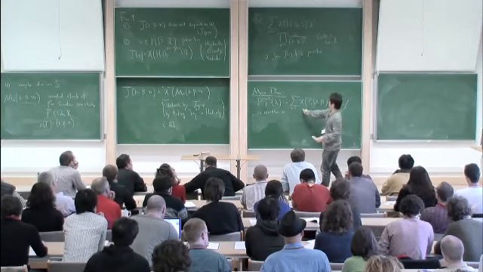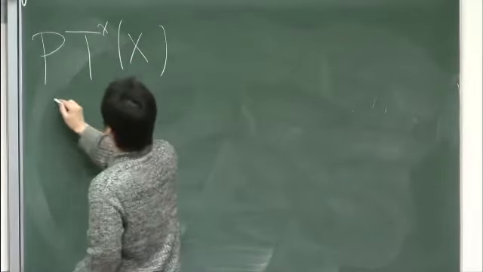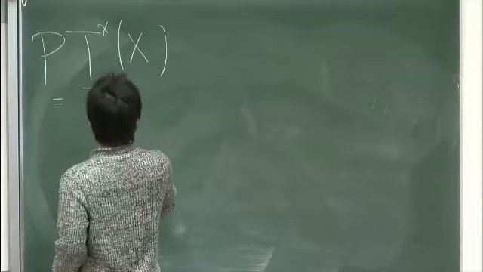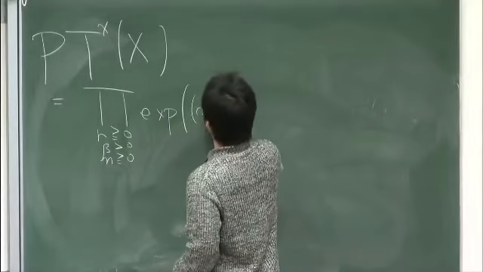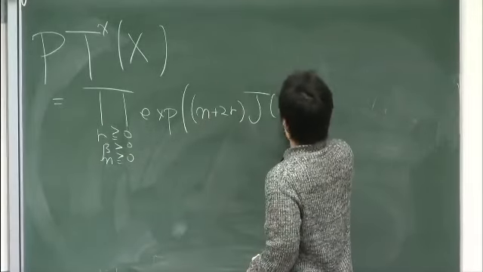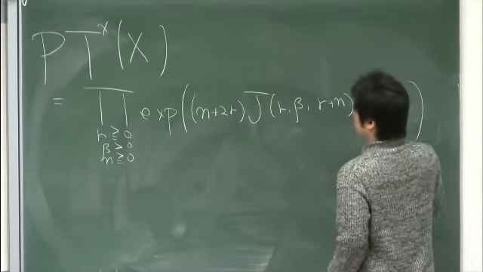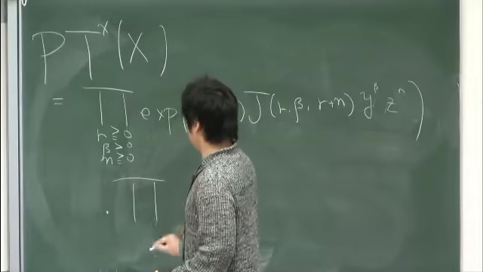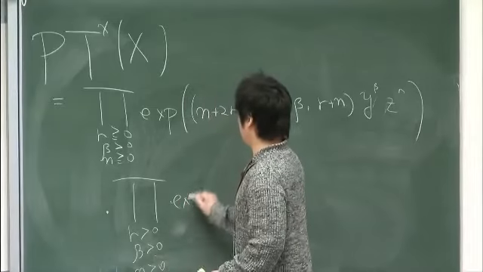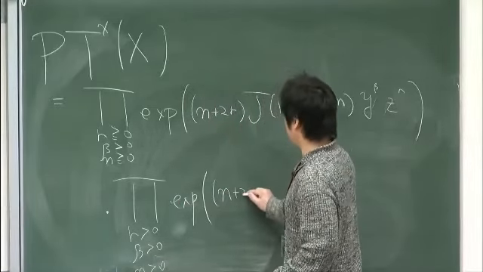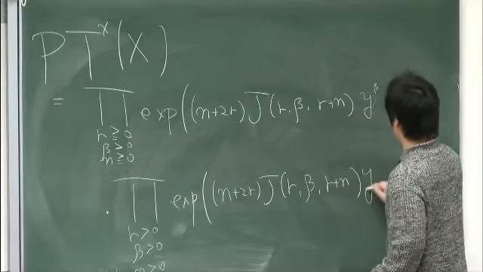So the result is that this generating function PT_χ(X) is equal to the infinite product, the exponential of n plus r, J_r β, r plus n, y^β, β^n, and the exponential of n plus r, J_r β, r plus n, y^β, β^{-n}.